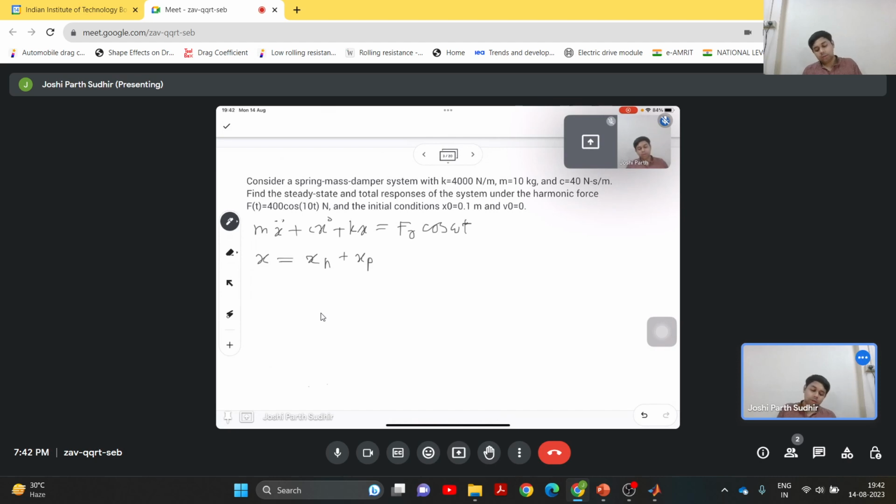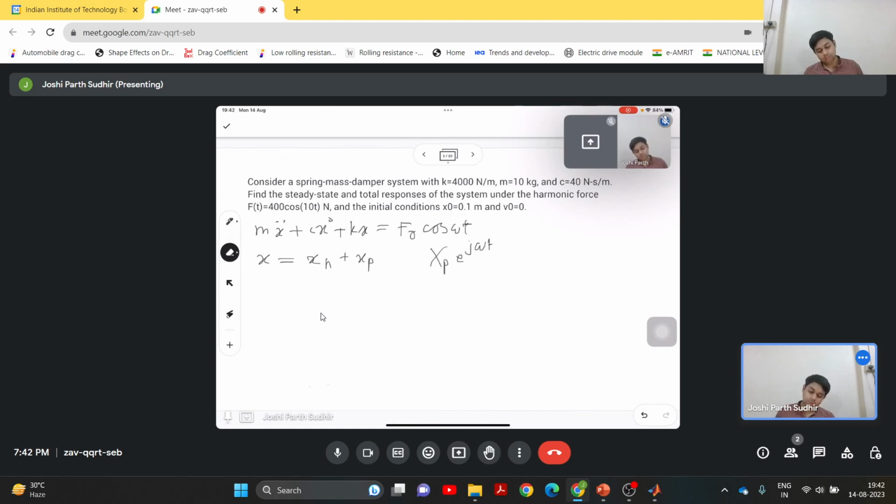For that, let us substitute a solution of the form xp e to the power j omega t into this differential equation.